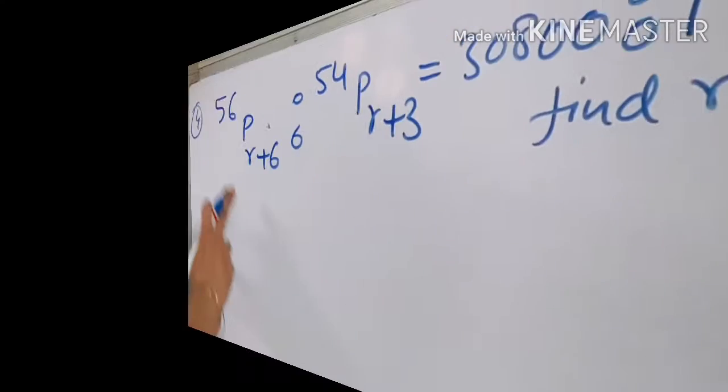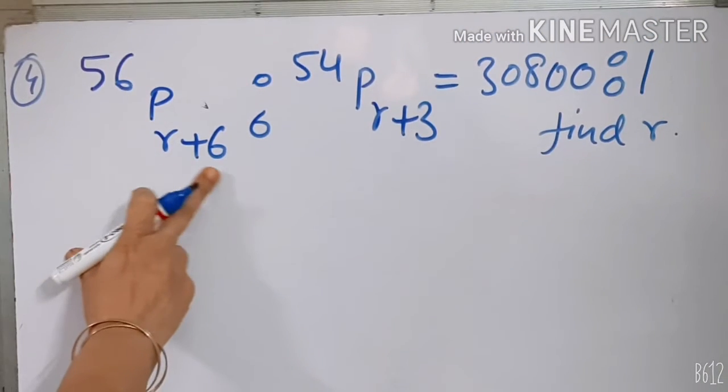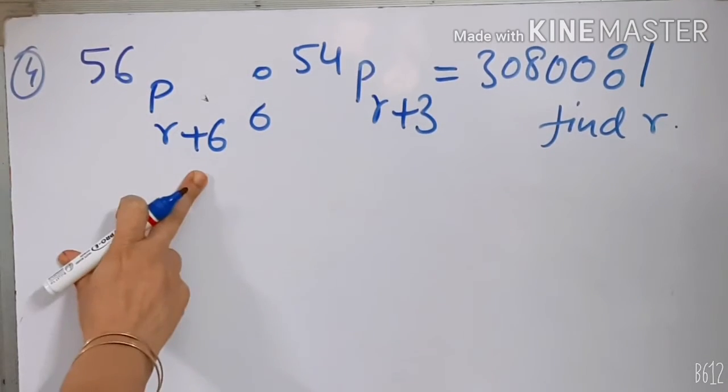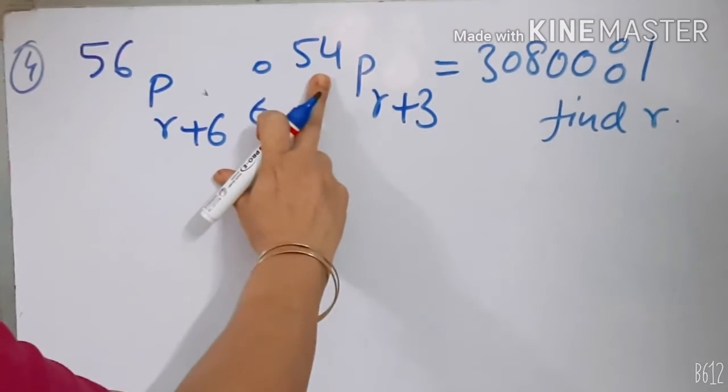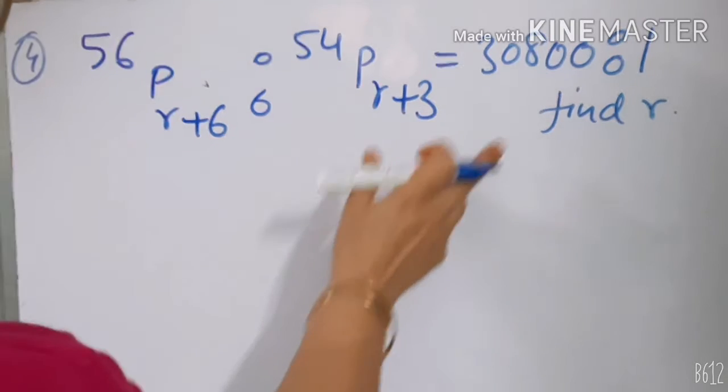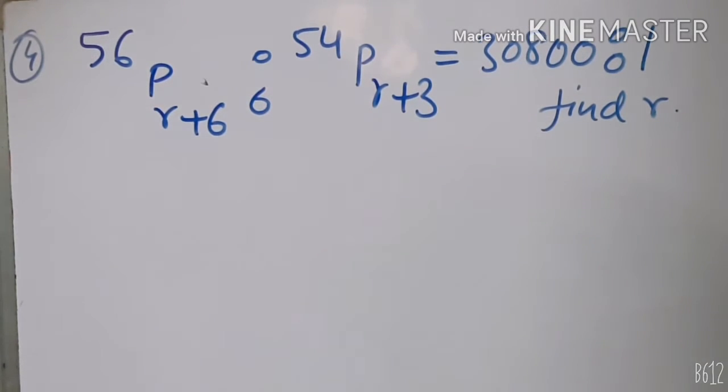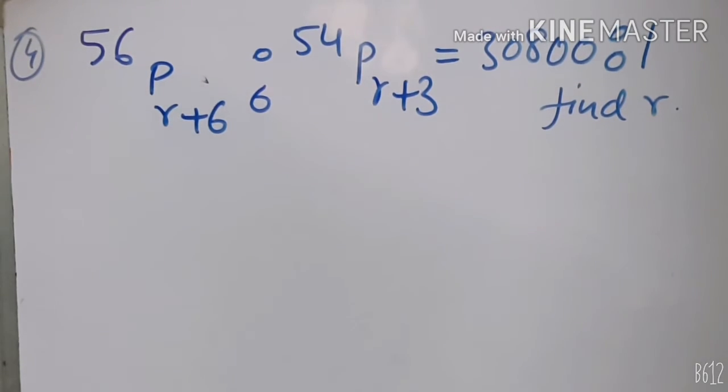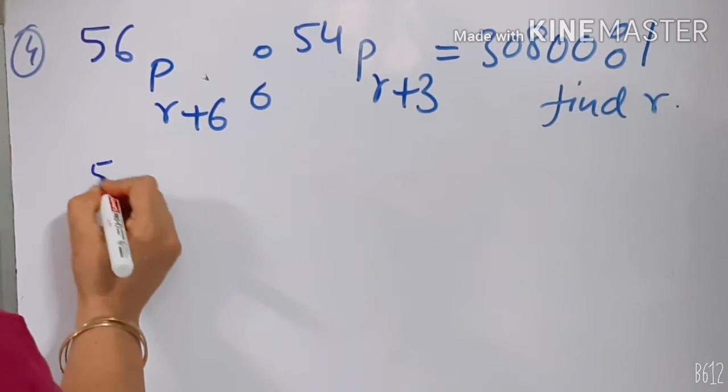Make a note. 56P(r+6), this is n, this is r, ratio 54P(r+3) is equal to 30800 ratio 1. We need to find the value of r. How to do it?